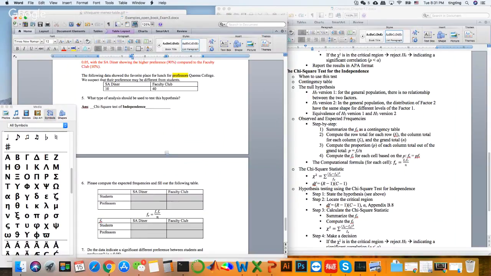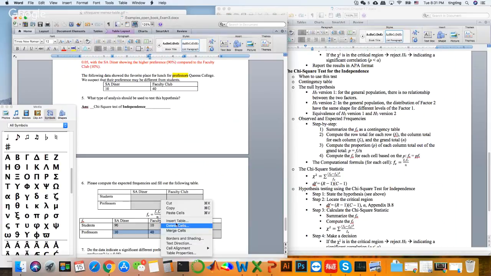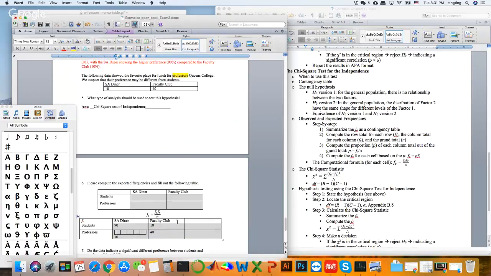So we organize the data, which is 90, 10, 10, 40. It's the data we have. And then we have to compute its total.